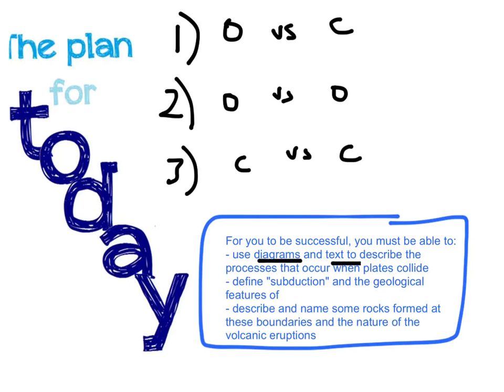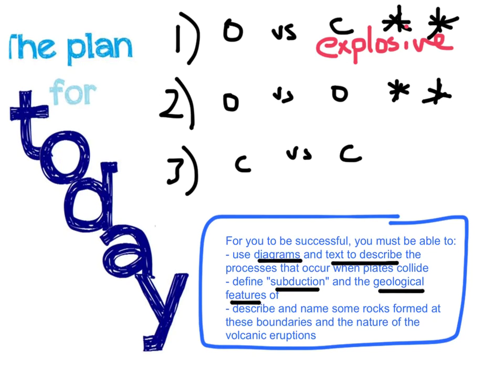You need text to describe what happens in each place. For these two, where a plate subducts, I want you to write the definition of subduction there. And geological features is something that we're going to talk about in another video or in class at some point. For these two, again, you need to be able to name rocks formed at those boundaries, and you need to outline why each type of eruption is explosive or peaceful.